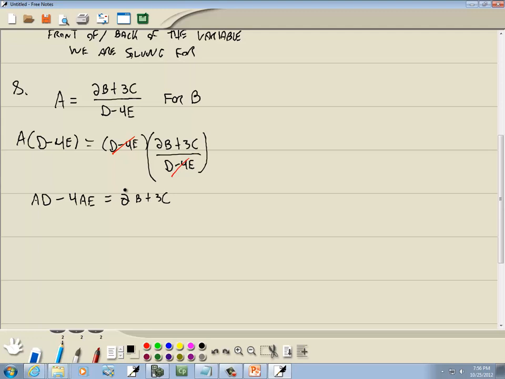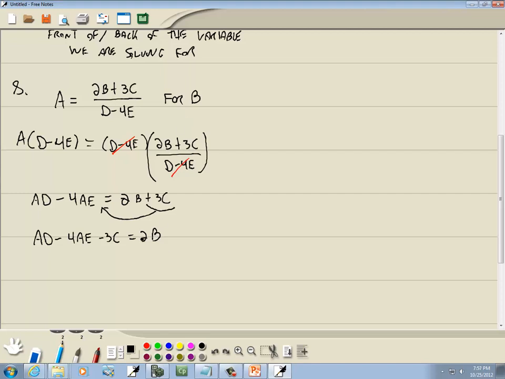Now we want to get everything with the variable we're solving for on one side, everything else on the other side. We're solving for B, as in Bill. So I'm going to take the 3C over to the left side. So we've got AD minus 4AE minus 3C equals 2B. Step 4 we don't have to do. It's not in two or more terms. Step 5, divide both sides by what is in front of or behind the variable you're solving for.